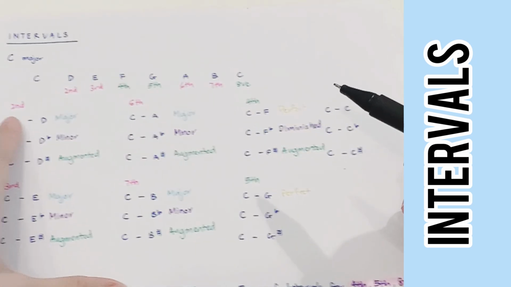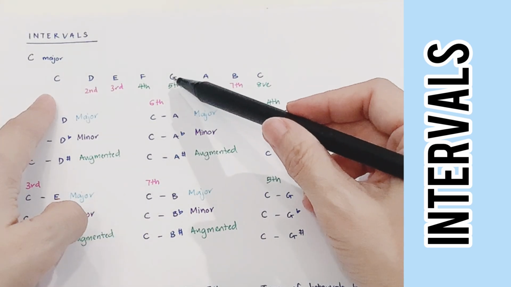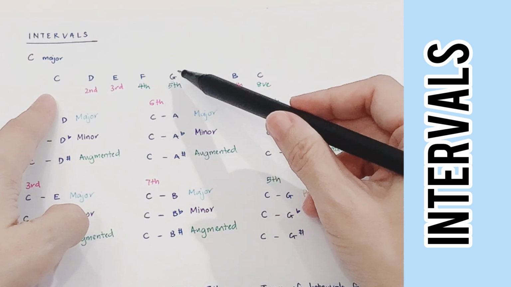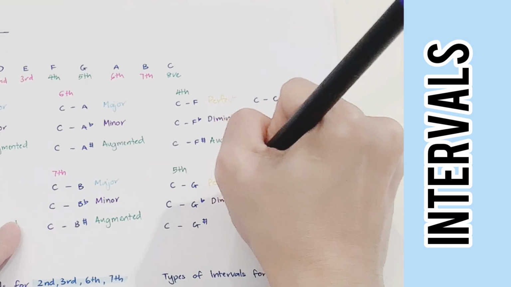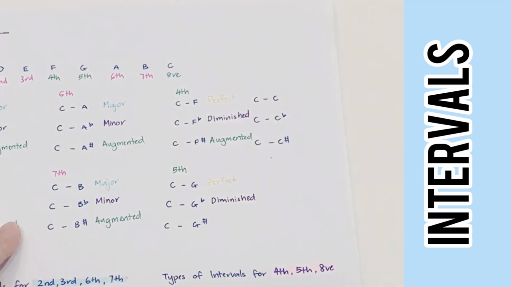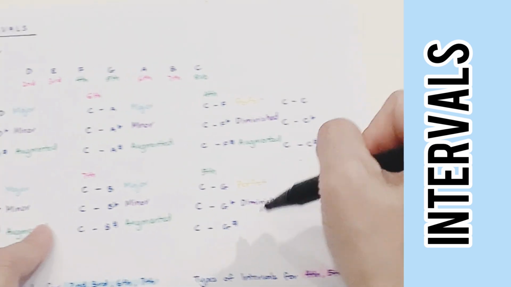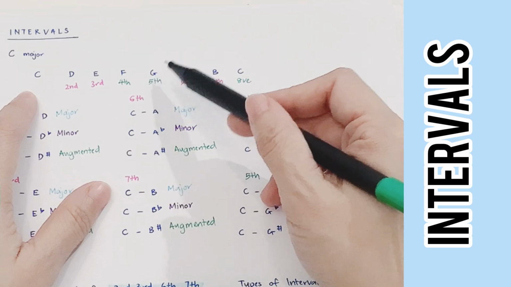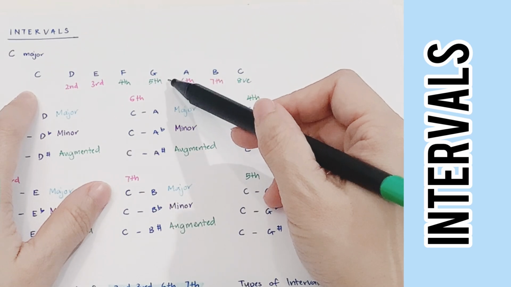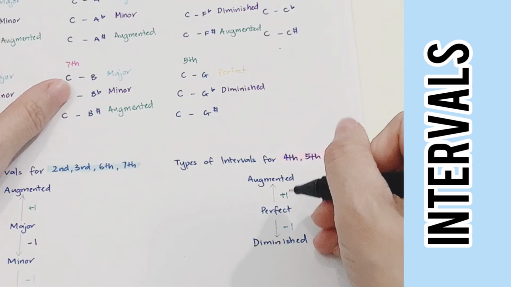Next we have C to G flat. So C to G flat, you reduce a step. And then you have C to G sharp. So C to G sharp, increase the step from G, so it's an augmented.